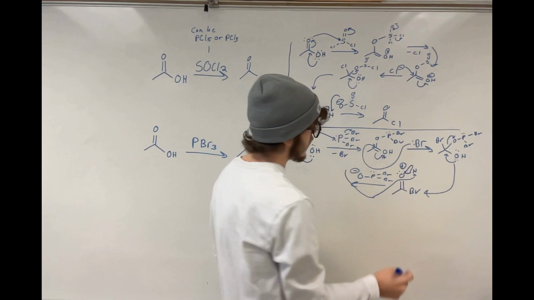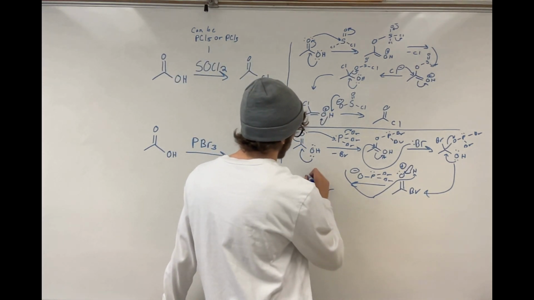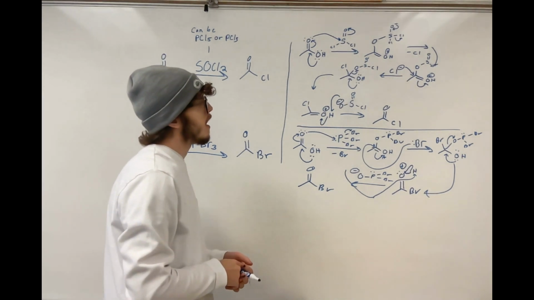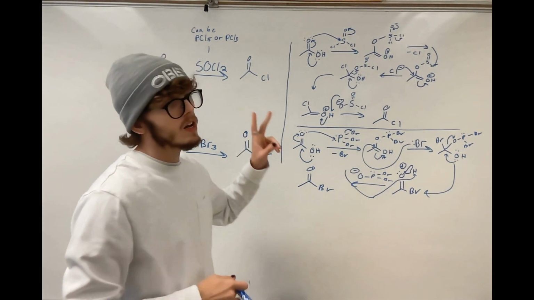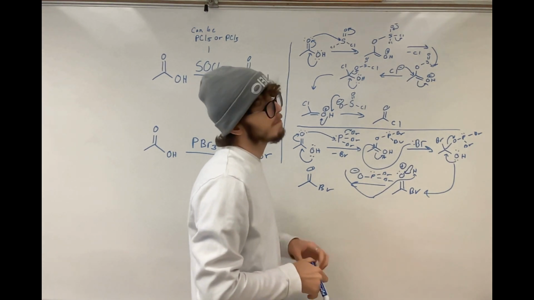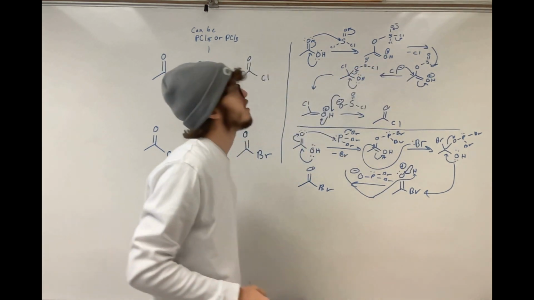So we deprotonate our carbonyl, leading us to our acyl bromide. That is the mechanism for that. Let's just summarize. They're kind of similar. We first need to form what I call unhappy hydroxide, where we have a protonated carbonyl, which is the correct term. It's a carbonyl, but it has a hydrogen on it.